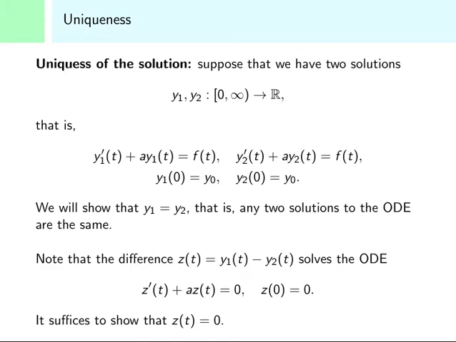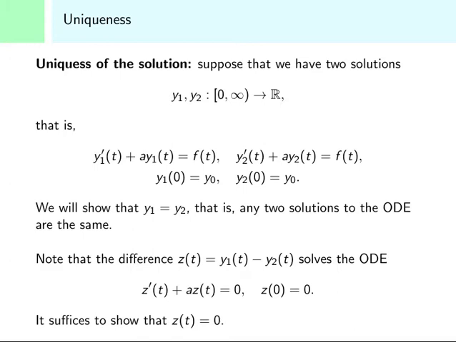To show that the solution is unique, we suppose that we've got these two solutions, and then we will show that y1 and y2 are actually the same. For that purpose, let's take a look at the difference, which we call z of t equals y1 of t minus y2 of t. Z of t is the difference between the two solutions, and that difference actually solves an ordinary differential equation on its own.